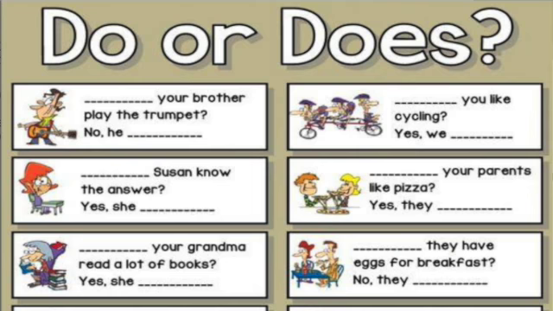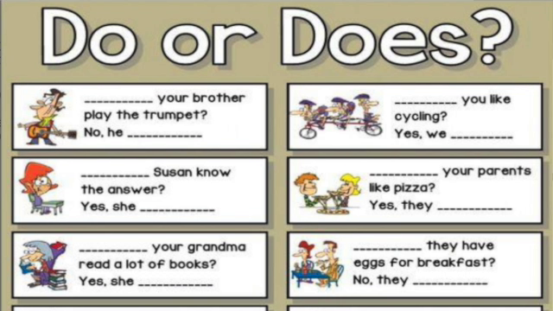The activities for today: we're going to put do or does. We have a question, so we start with the auxiliary. Does your brother... we're talking about a he or a she. He is for a boy and she is for a girl. If it's brother, then it's a boy, so it's he.